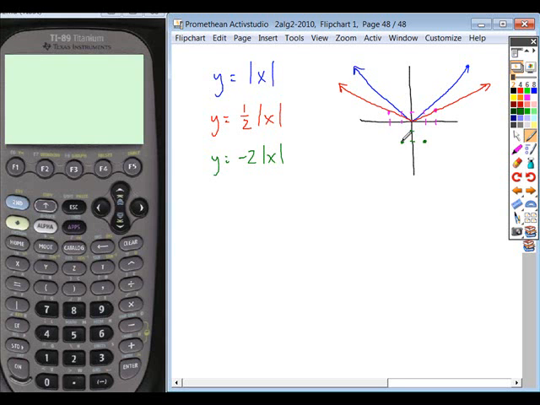Again, the vertex for this general graph starts at the point 0, 0. And so now we have this steep graph. It's not flat, it's not that 45-degree angle of the original equation. And it opens down, we get that from the -2, the negative part of that. Okay, are there questions on what that a value does to your graphs?